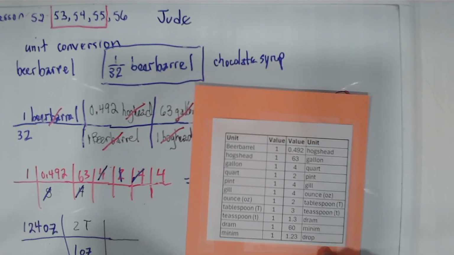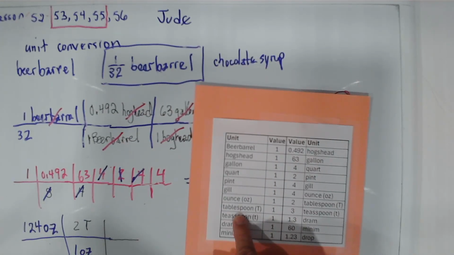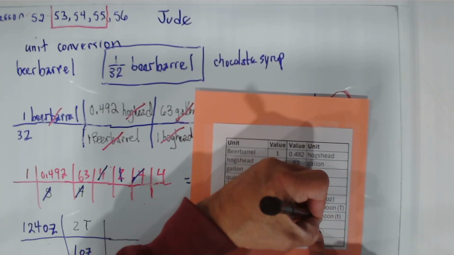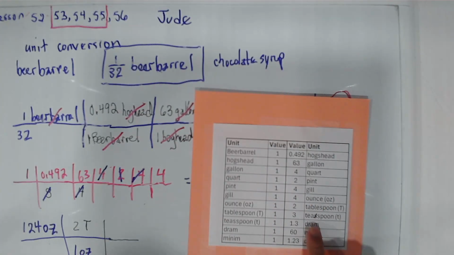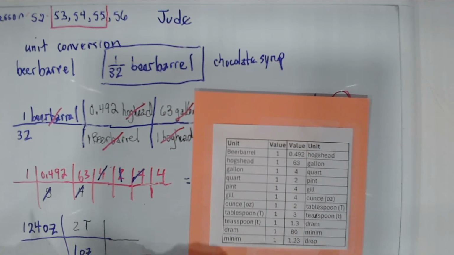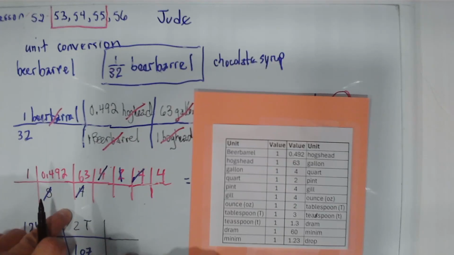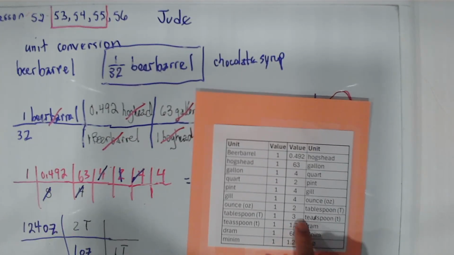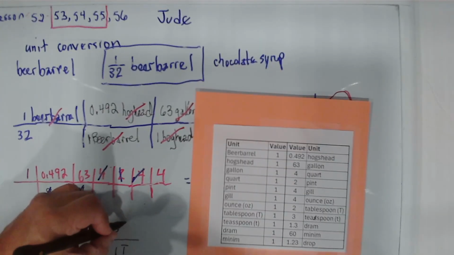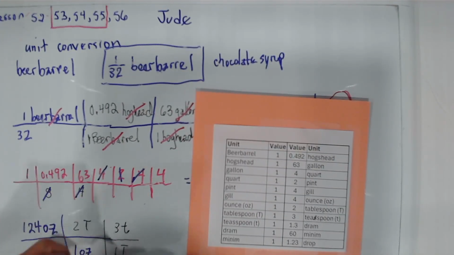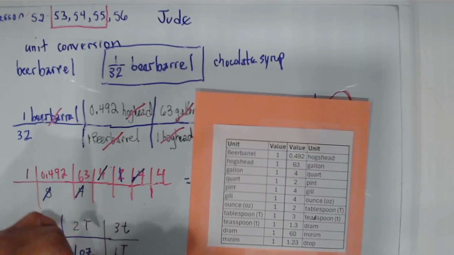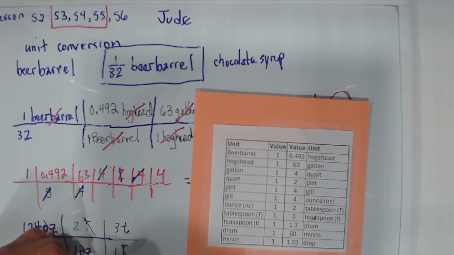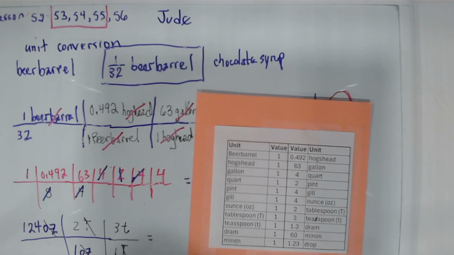We want teaspoons. So we see 1 tablespoon is 3 teaspoons. And so we want tablespoons to cancel out. So we put 1 tablespoon on the bottom, and we put 3 teaspoons on top. Okay, so ounces cancels out, and let's see what we end up with.